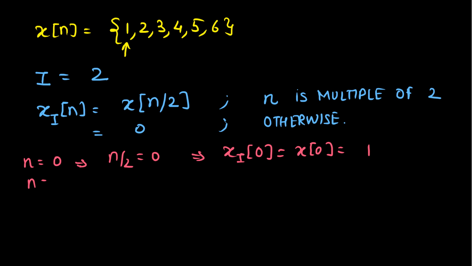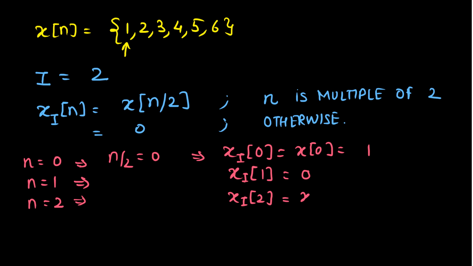If we have n equal to 1, then in that case 1 is not divisible by 2, so we have xi of 1 as equal to 0. Then if we consider n equal to 2, then we have xi of 2 given as x of 1, which is n by 2, that comes out to be 2, and so on.